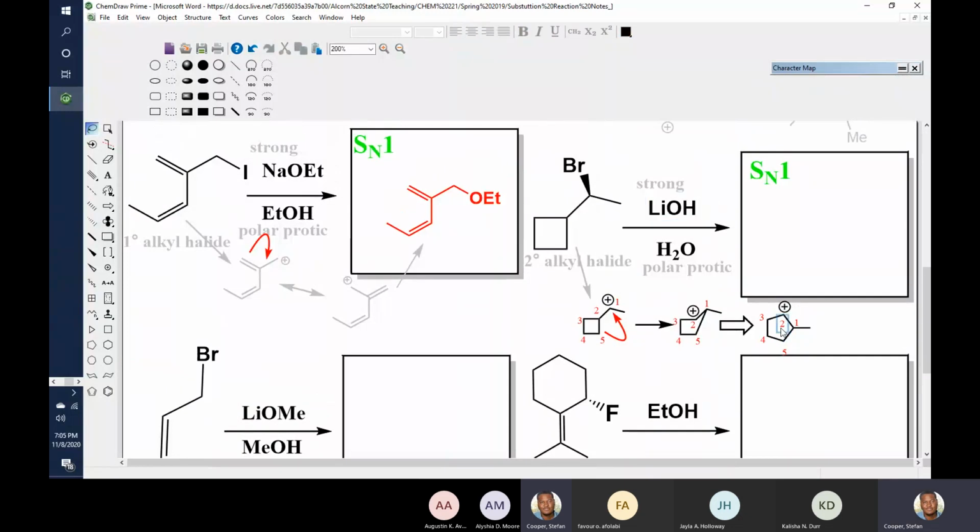So now my nucleophile comes in and attacks, and my final product is going to be what here? I'm going to have a wedge OH product and also a dash OH product.